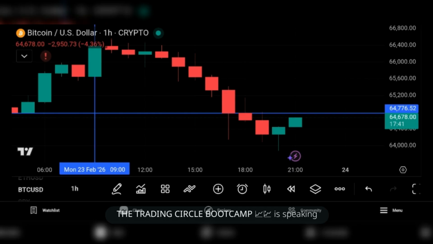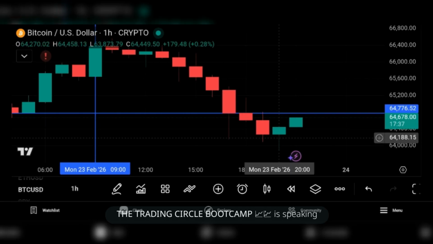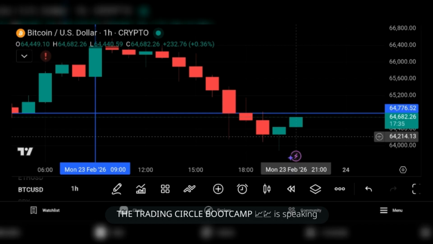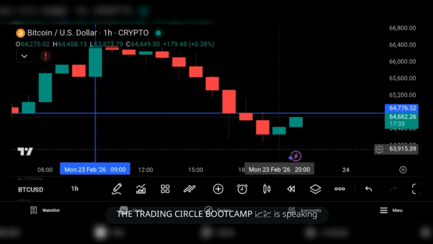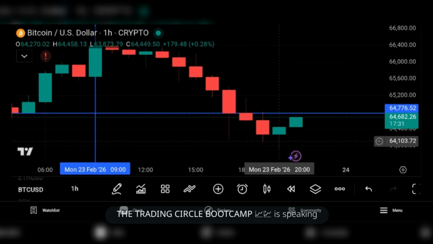Okay. Now for the wick, back to this green candle that we were looking at. It only had a long wick under it, right? Now, what that wick signifies, what it means, because the wick also gives you information.